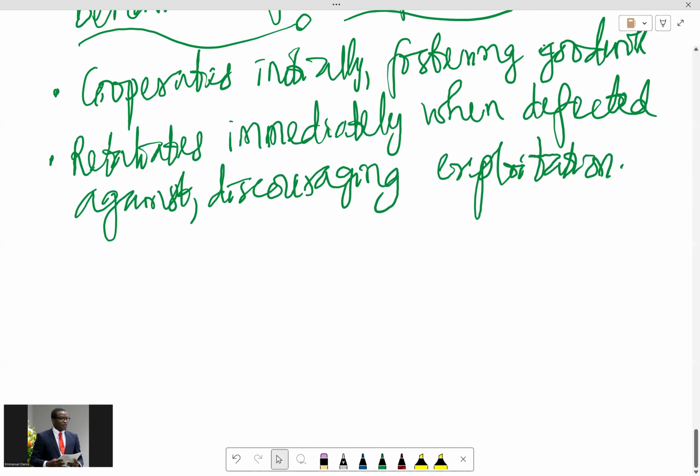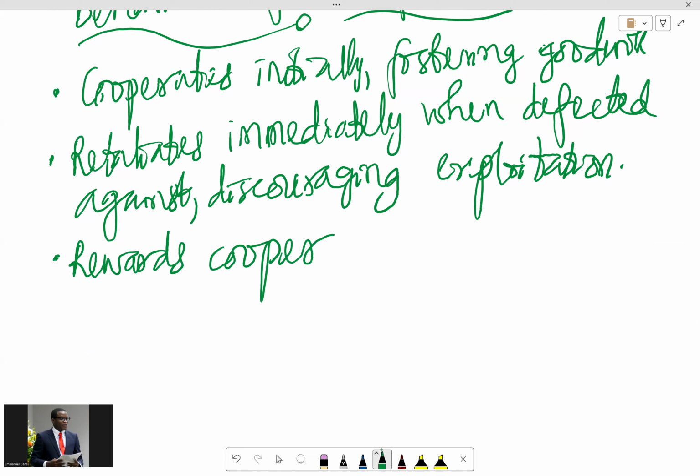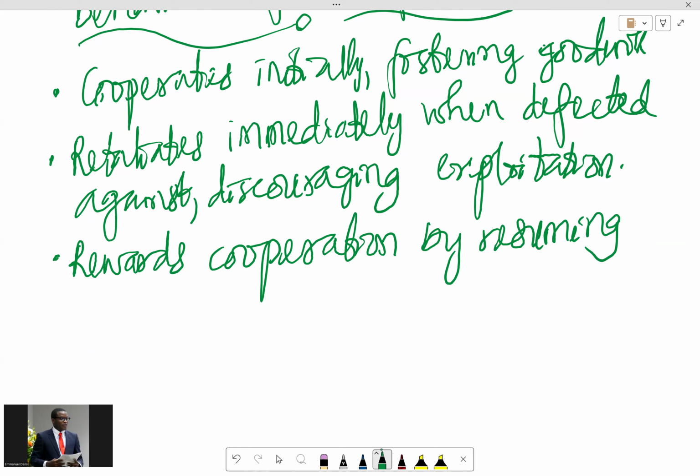Then after that, it rewards cooperation by resuming mutual cooperation.